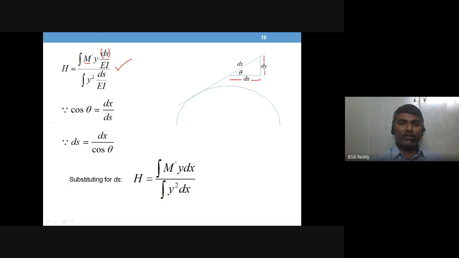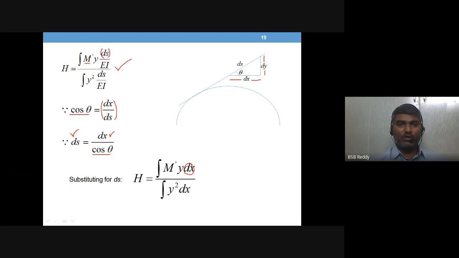So if you write cos theta, it will be dx by ds, where you have to replace ds in terms of dx, because you are proceeding with Cartesian system. So your equation should be in terms of dx, right? So to replace ds, you write dx by cos theta.